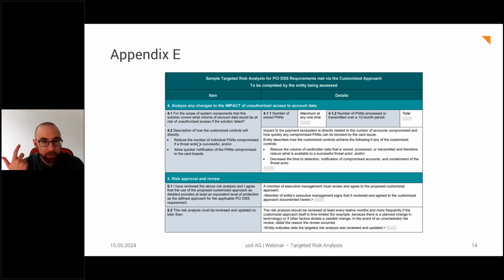So you should define when your risk analysis will be updated next, so when you will review this risk analysis next time to address any kind of changes that have maybe occurred in your environment or in the threat landscape and so on.